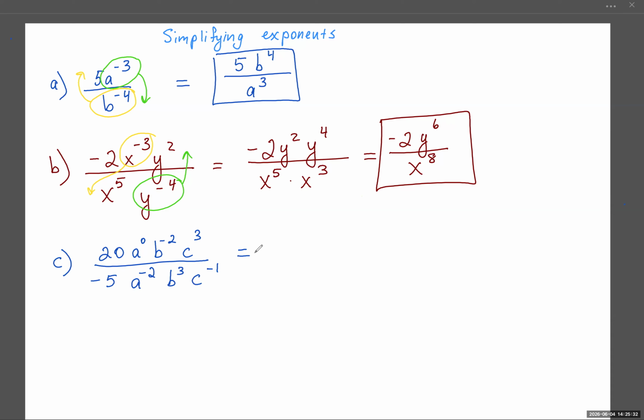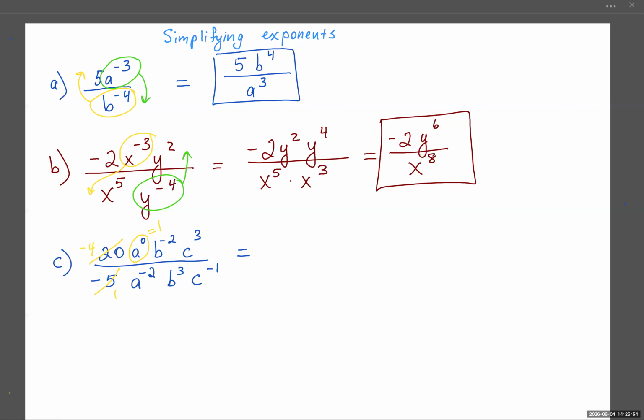A little bit harder of a problem, so I'm going to try to break it up into several parts. Part 1, I'm going to take care of this a to the 0 power. That is 1. Anything to the 0 power is 1. And then I'm also going to reduce the 20 and the negative 5. So 20 divided by negative 5 is negative 4.